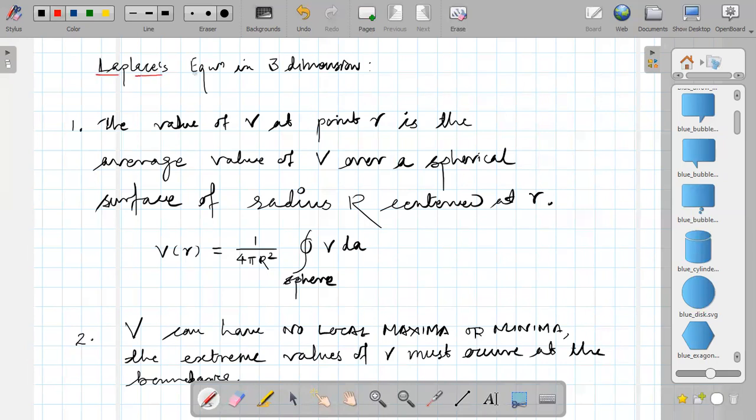Laplace equation in 3D. What are the main points?